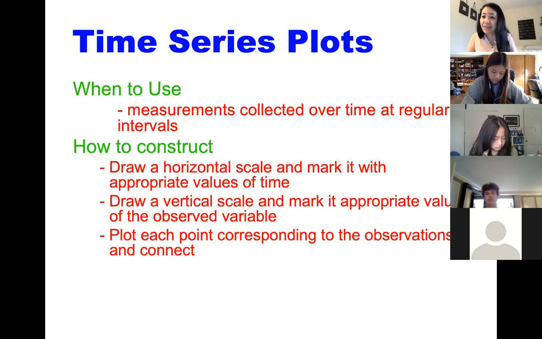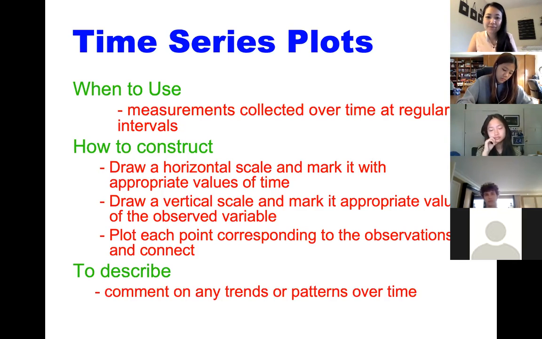Scatter plots, you do not connect the dots, that will give you a crazy mess. But for time plots, you connect the dots. And anytime you're asked to describe what's happening, you comment on any trends or patterns over time.